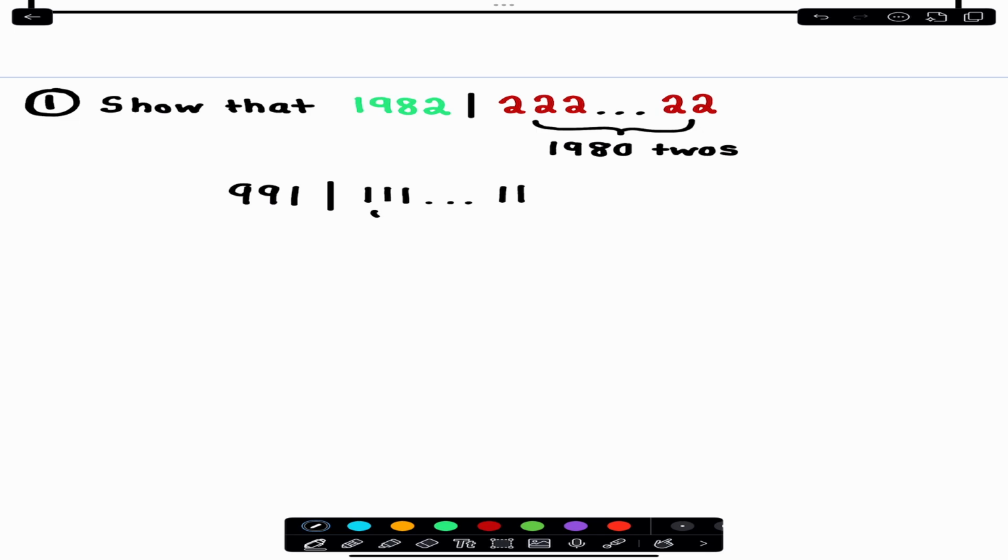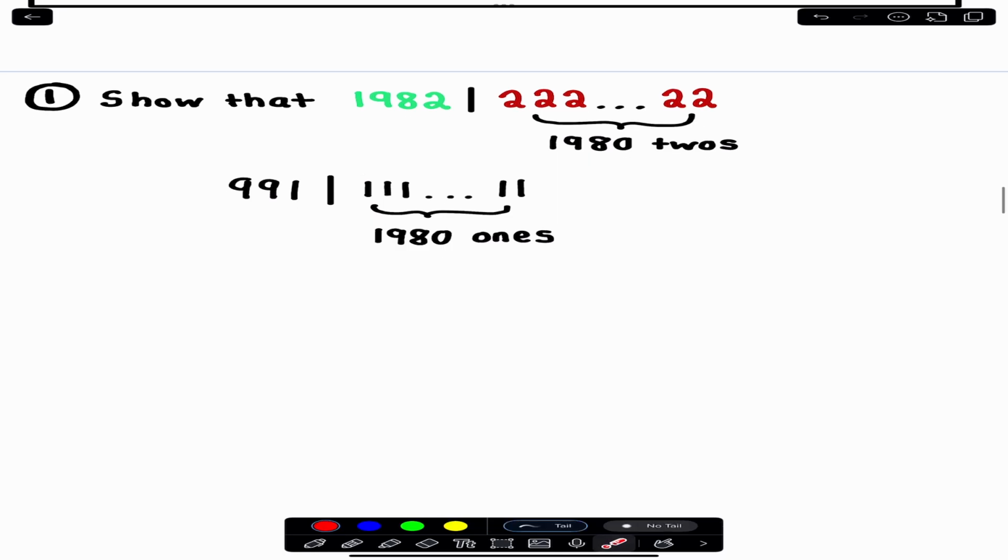So this number, and since we divided by 2, the number of digits did not change, so there's still 1980, but this time it's 1980 1s, not 2s. So basically, if we can show this, then we have shown that.